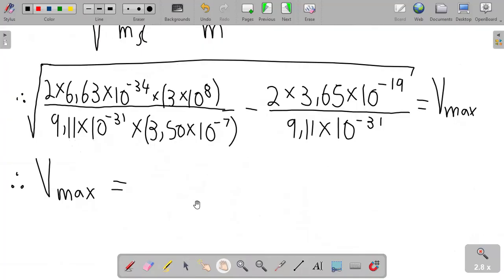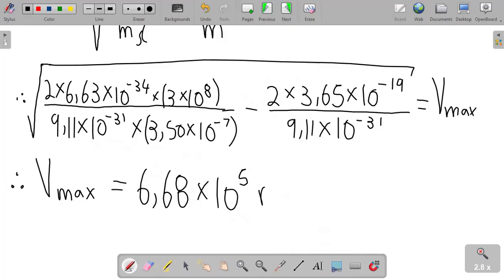263 divided by 9.11. Okay, it gives me 6, so in scientific notation, it's going to be 6.68, and then multiply by 10 exponent 5, and then meters per second.